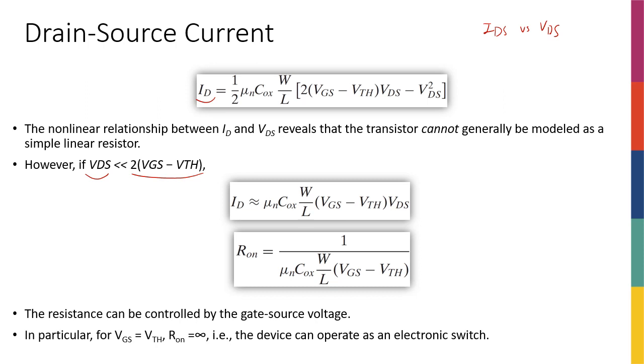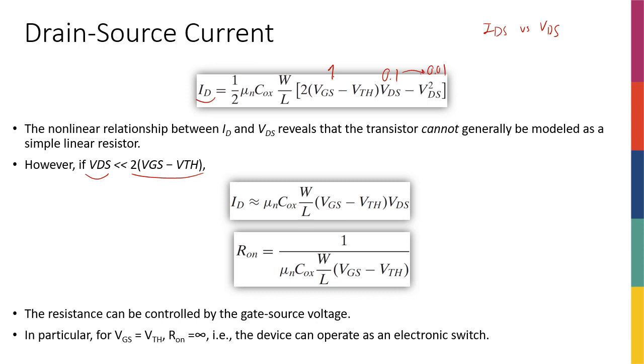Let's say my VDS is 0.1, and let's say my VGS minus VTH is, I don't know, 0.5, or even larger than that. Let's say it's even 1 volt. 2 times VGS minus VTH is 1 volt, right? These are just random numbers. This doesn't mean that it's always like that, or even in that order of magnitude, but just to give you an idea. Now, what would be the VDS squared? It would be 0.01, right?